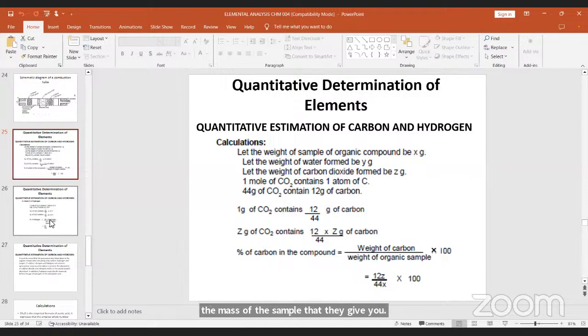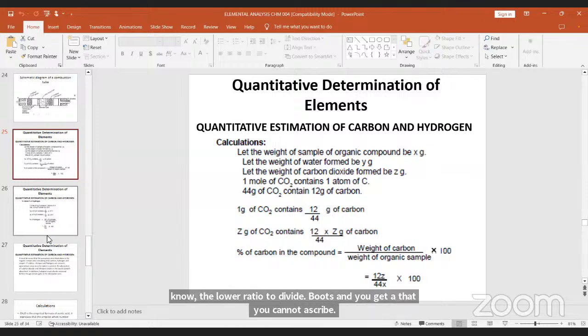And if the question goes further to say you should find the empirical formula, you can divide both of the masses that you have by the atomic number, use the lower ratio to divide both, and you get a ratio that you can ascribe to the carbon and hydrogen.